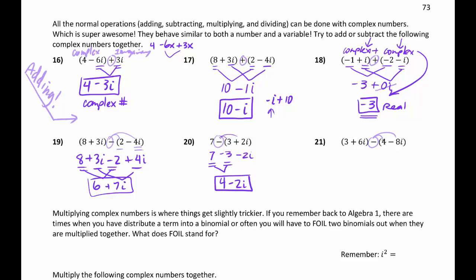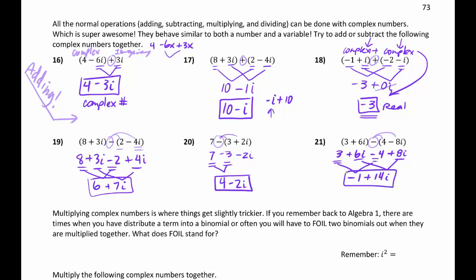So question 21, taking that negative sign and distributing, will make the problem look like this. 3 plus 6i, subtracting 4, subtracting a negative 8i makes it plus 8i. Combine the terms that go together. 6i and 8i make 14i, and then 3 minus 4 make negative 1.